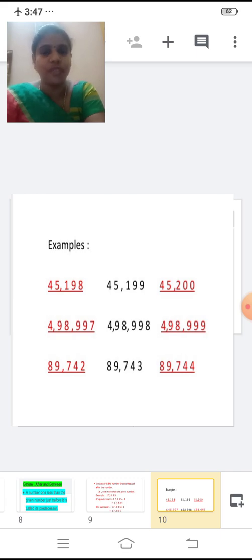It is the predecessor of 45,199. Now tell me, what is the successor of the number? What do you mean by successor? Add 1 to the number 45,199. 45,199 plus 1. Add and tell me the answer. Yes, the successor is 45,200. Very good. So shall we see the second example now?